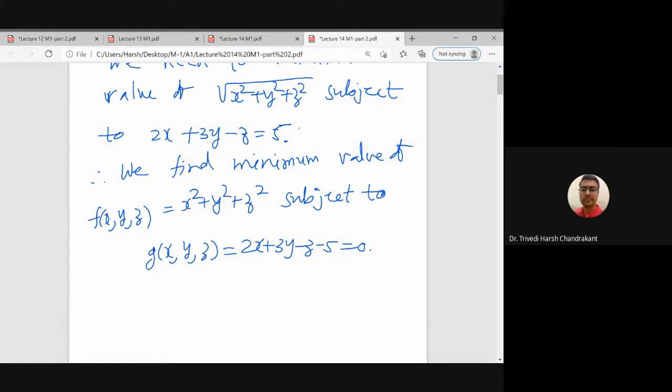So now gradient f equals to lambda gradient g. So we can see that gradient g is non-zero on g of x y z equals to 0, because the gradient is 2, 3 and minus 1, and that vector is always non-zero vector.